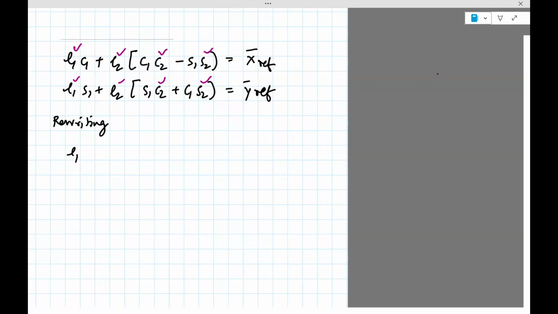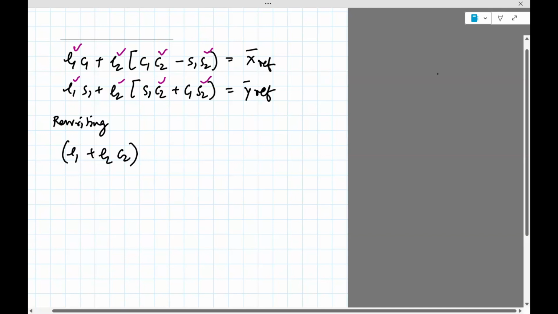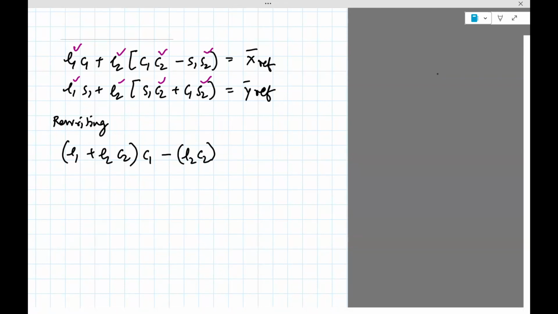(L1 plus L2 C2), so I clubbed all the known values together, times C1, minus L2 S2, which is known, times S1 equals.